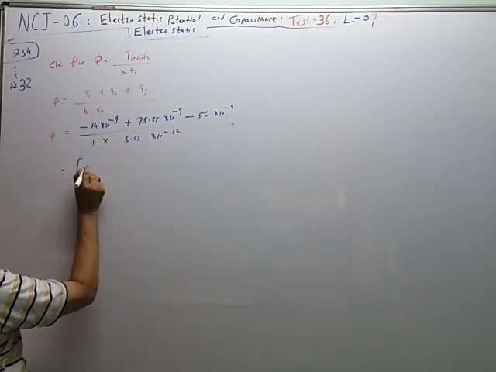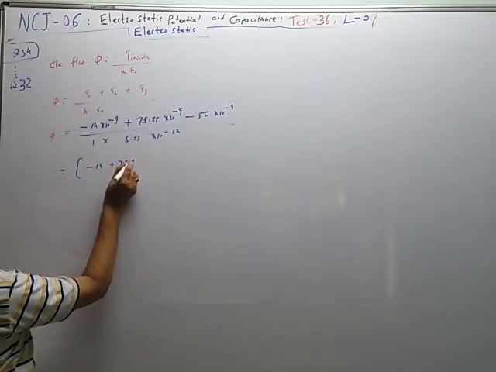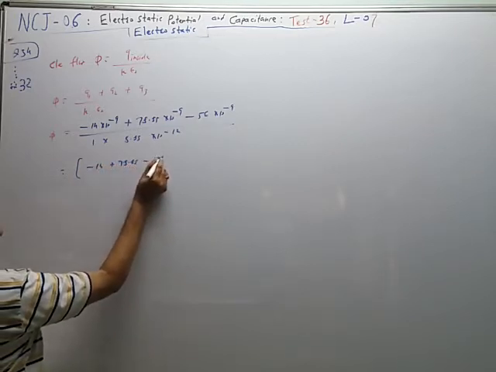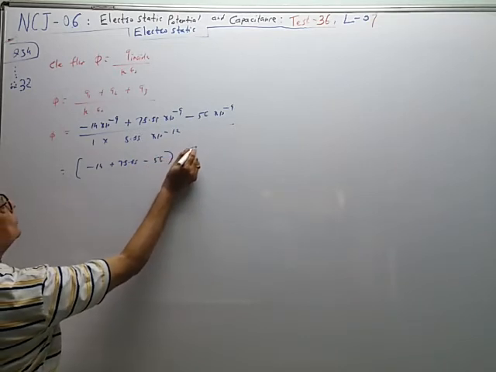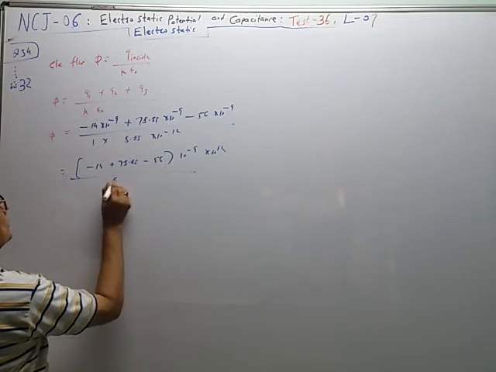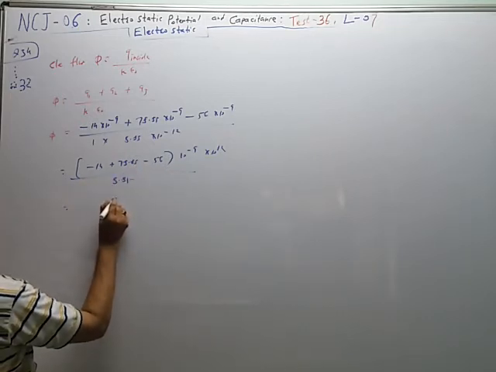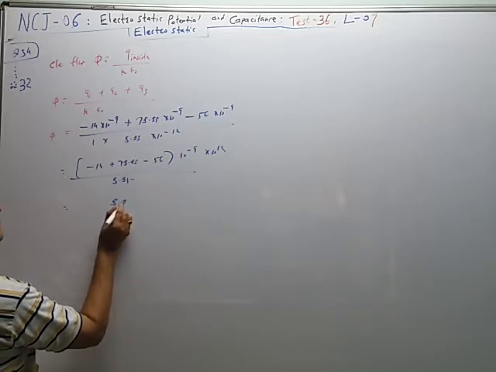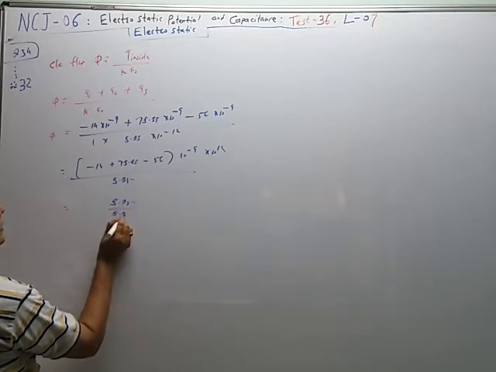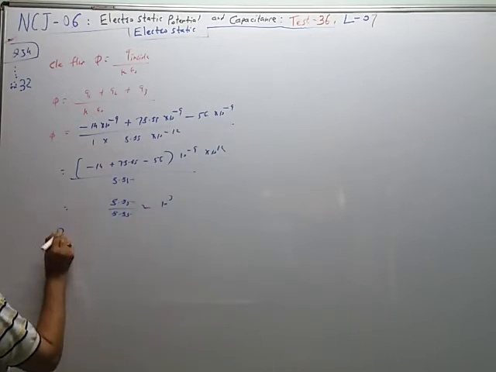So this is equal to minus 14 plus 78.85 minus 56 into 10 to the power minus 9 into 10 to the power 12 upon 8.85. The numerator has 8.85, the denominator is also 8.85, and the total is 10 into 3. So this 8.85 will get cancelled.